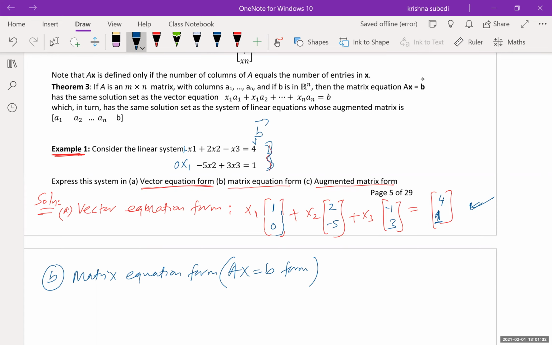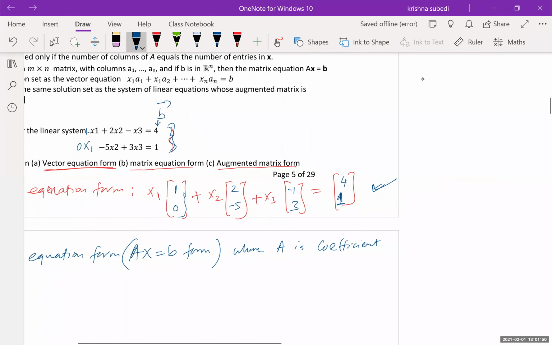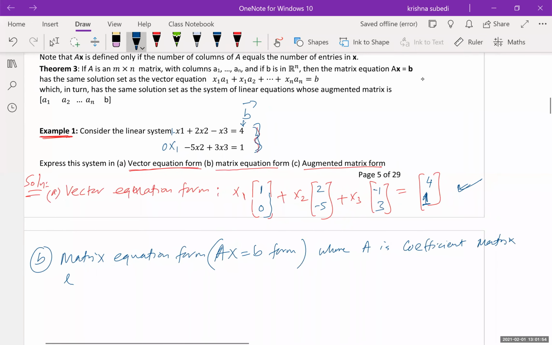We consider this constant term as B. So we write this in the form of AX equals B, where A is the coefficient matrix, and X represents x1, x2, x3 in this case.